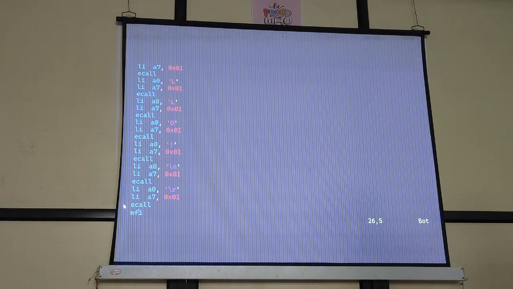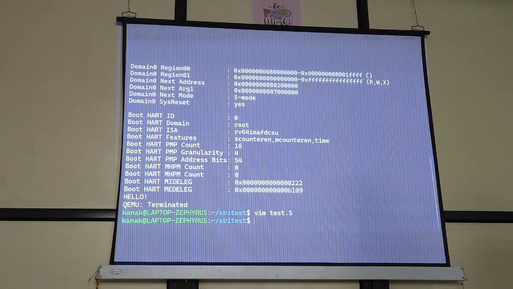And WFI is wait for interrupt, so our QEMU will be halted till it receives any interrupt from the user. That's why we get this hello printed here in S mode. The current mode under which the RISC-V processor is working is S mode.